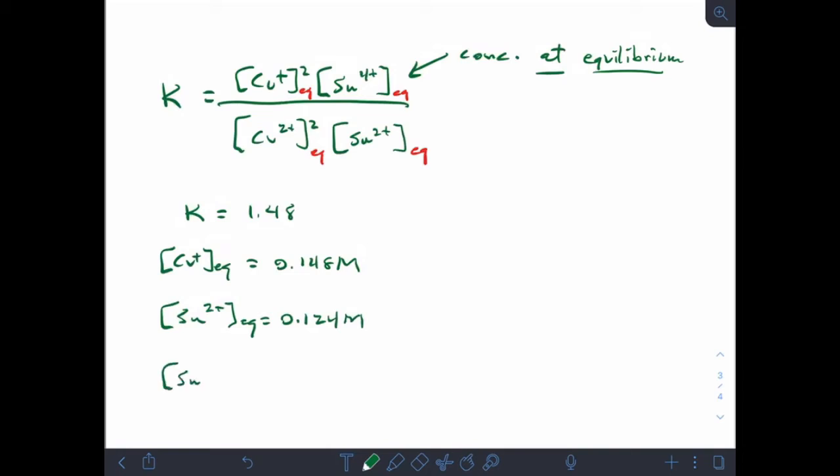And we know that tin 4+ at equilibrium is 0.176 molar. Okay, so the question is, what is the equilibrium concentration of the copper 2+?